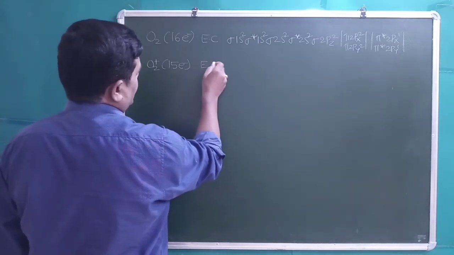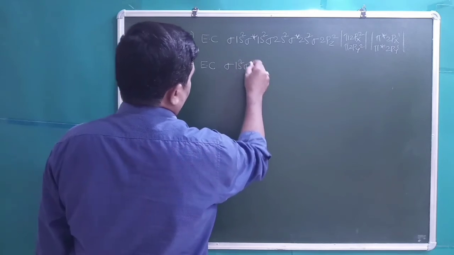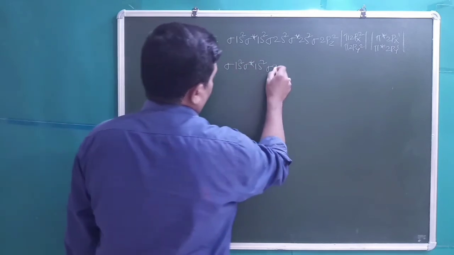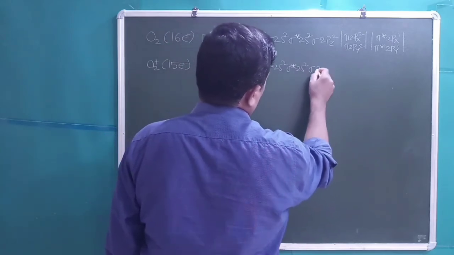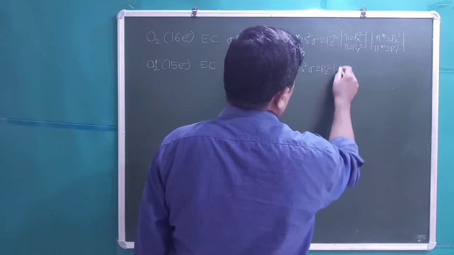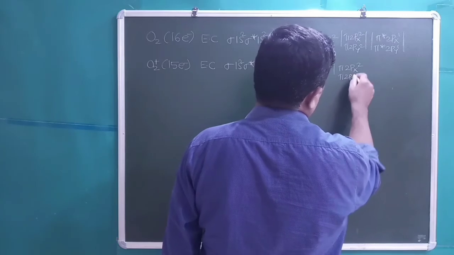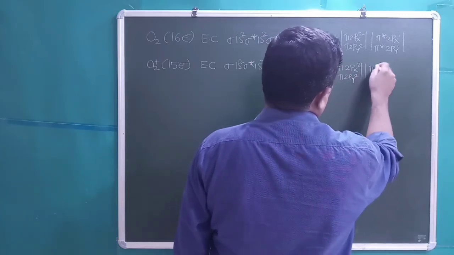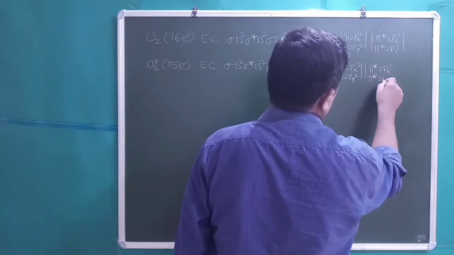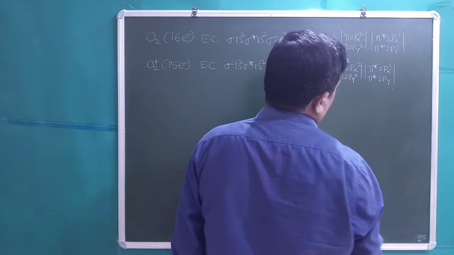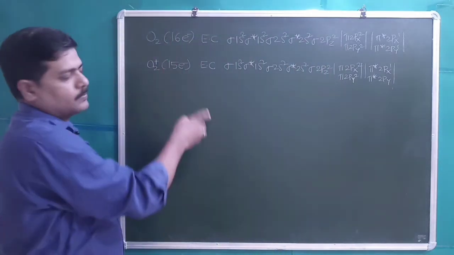Electronic configuration we can write as sigma 1s2, sigma star 1s2, sigma 2s2, sigma star 2s2, sigma 2pz2, pi 2px2, pi 2py2, pi star 2px1, and pi star 2py does not contain any electrons. O2 plus has 1 electron less than O2.